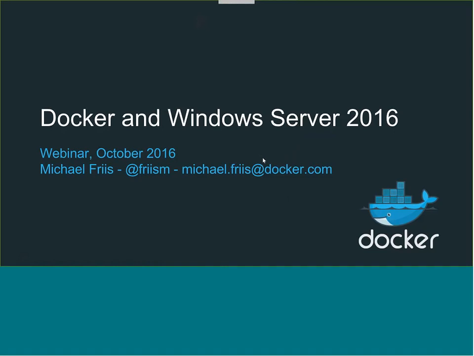Okay, so Robin asks whether it's possible to push images to DTR running on Ubuntu. So yes, that's possible. Both DTR and Docker Hub support both Windows and Linux images side by side. And there's even what we call multi-arch support, which means that for the same tag, you can have both Windows and Linux variants.